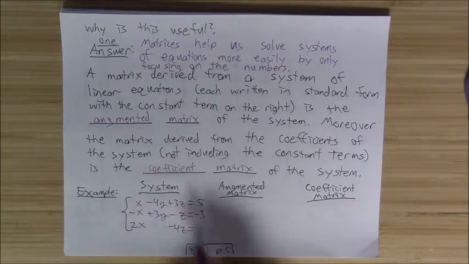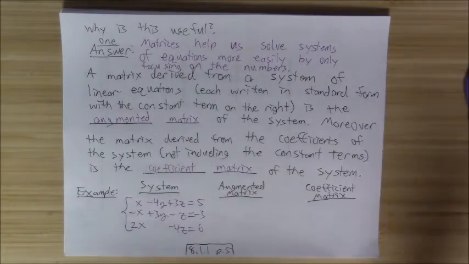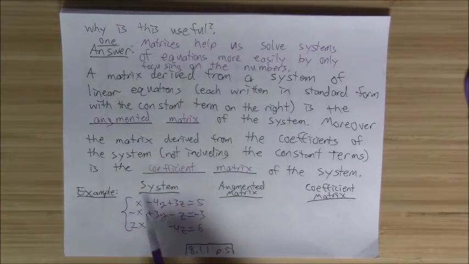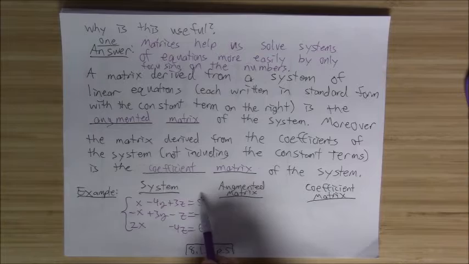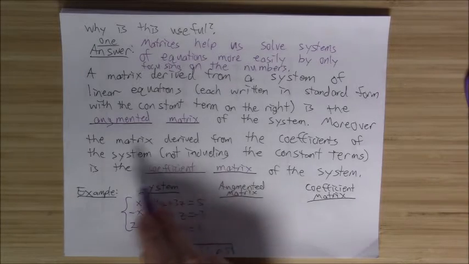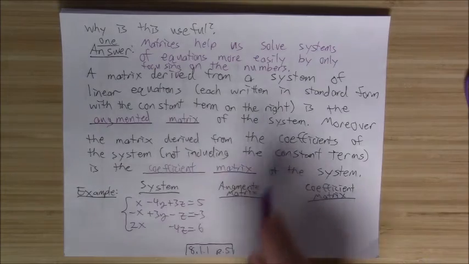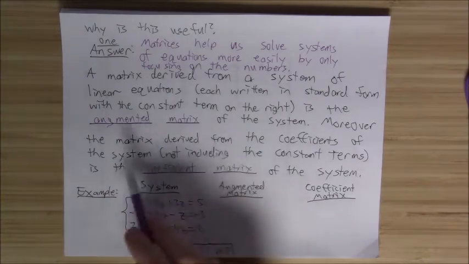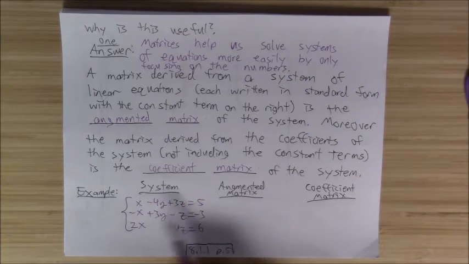For this system, what do we do to form the augmented matrix? We form it by taking all the coefficients, including also the constant terms, because that's what it says here: each written in standard form with the constant term on the right, which we have, is the augmented matrix of the system. So we're going to create the augmented matrix by just taking those numbers.